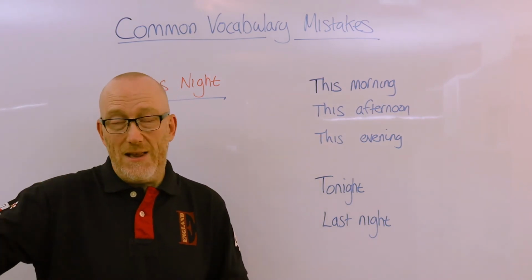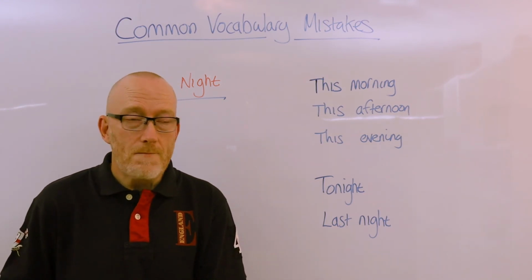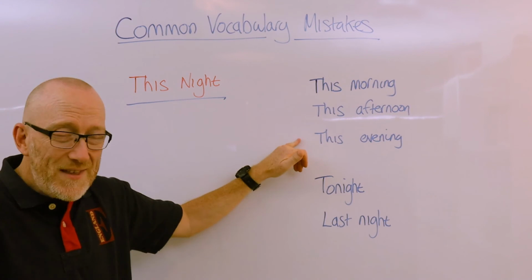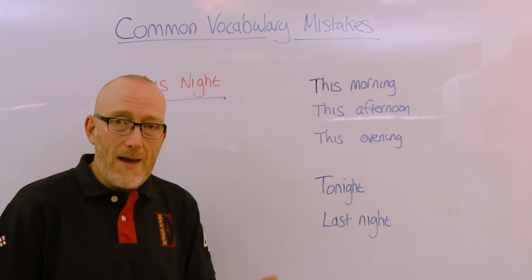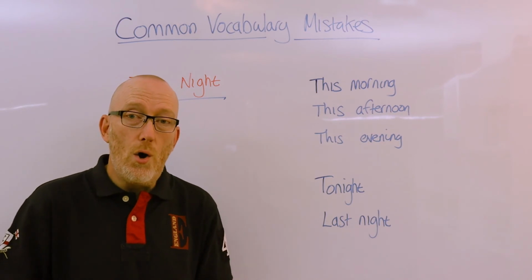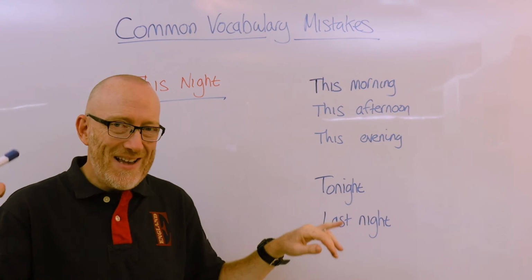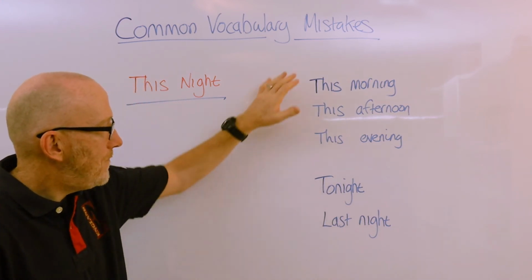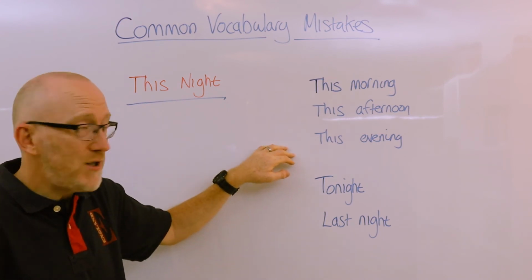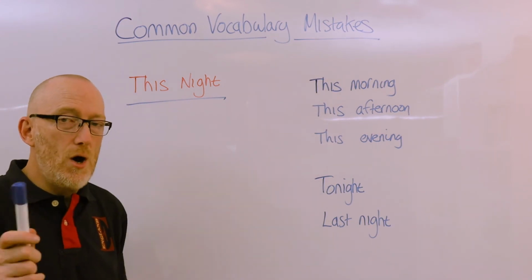So if it's late in the evening, this afternoon I recorded a video. Same with this evening. This evening can be describing the future, or it can be describing the present. I can't be describing the past with this evening because this evening is the end of the day. So these are all correct expressions: this morning, this afternoon, and this evening. This night is wrong.